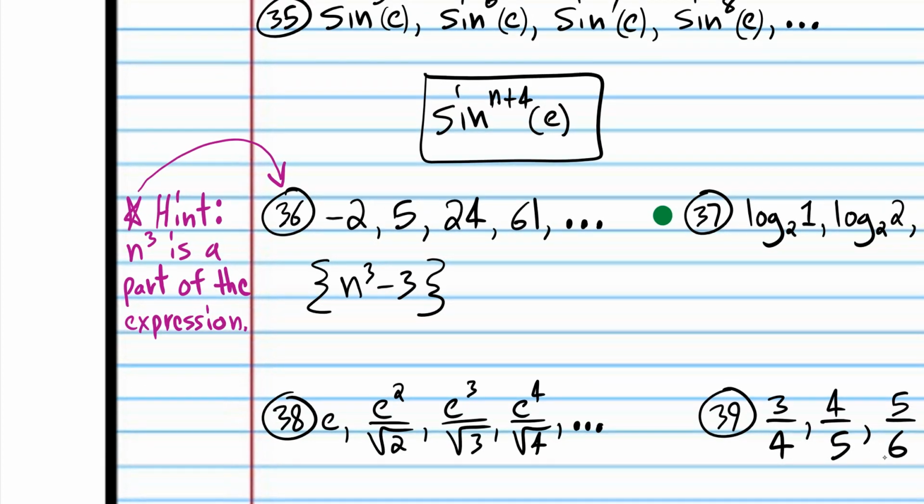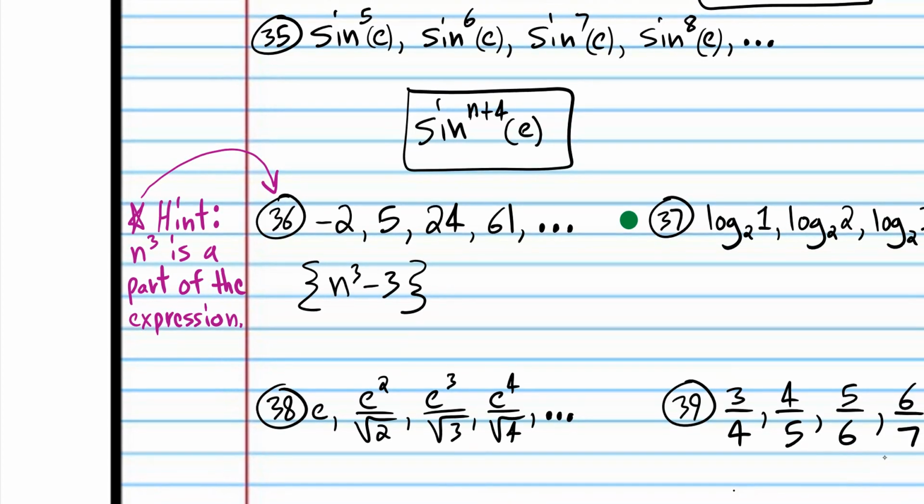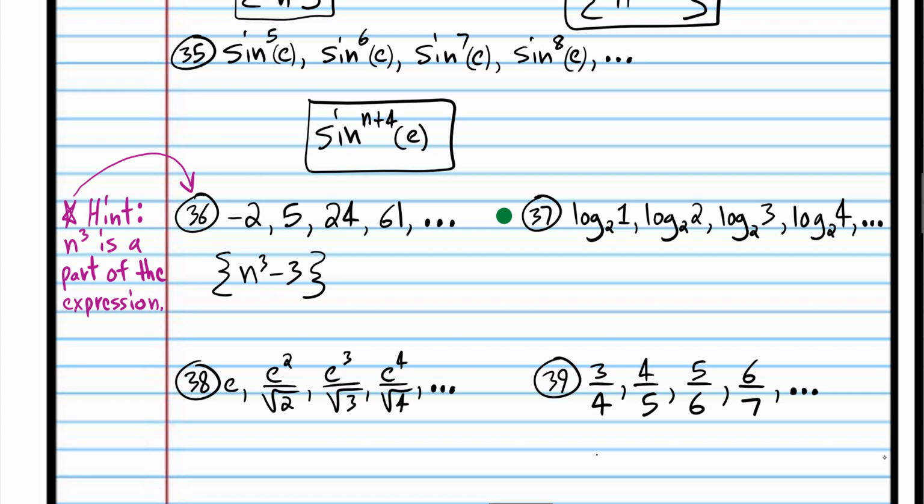Now if you plug in 1 for n, you get negative 2. If you plug in 2 for n, you get 5. Plug in 3 for n, and you get 24. Plug in 4 for n, and you get 61, so on and so forth. So that was kind of a challenge problem. But again, I'm always going to give you a hint to help you.